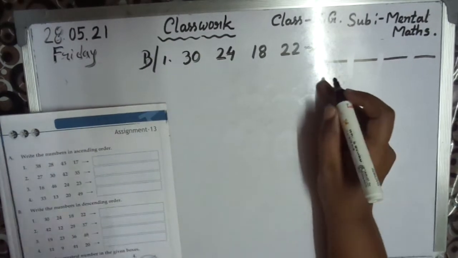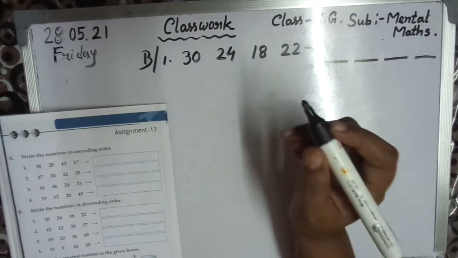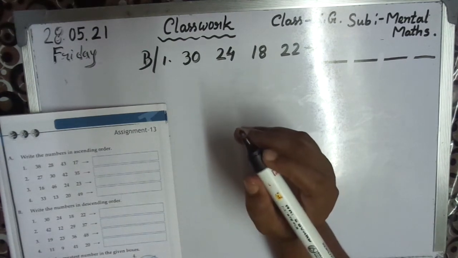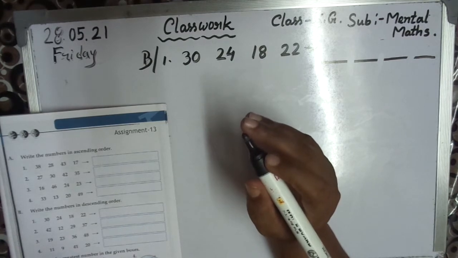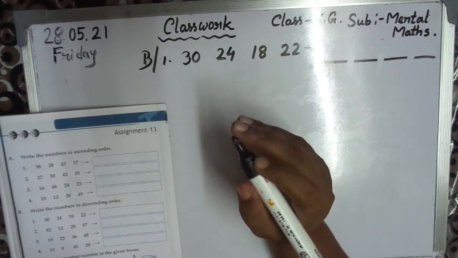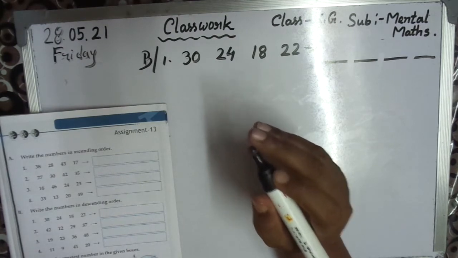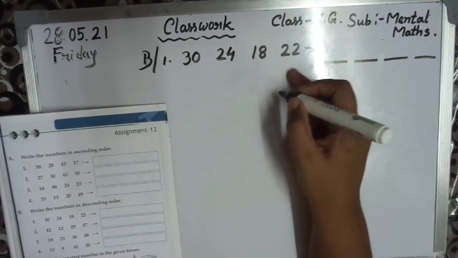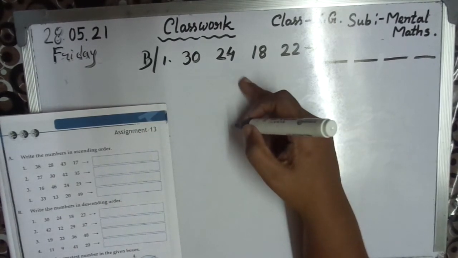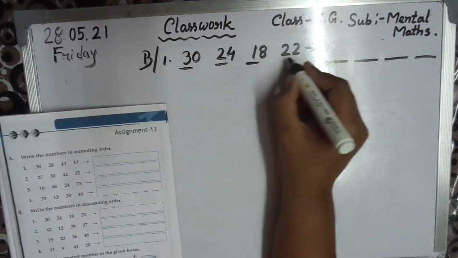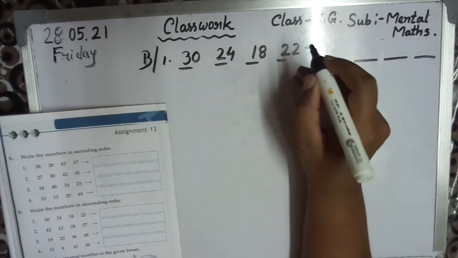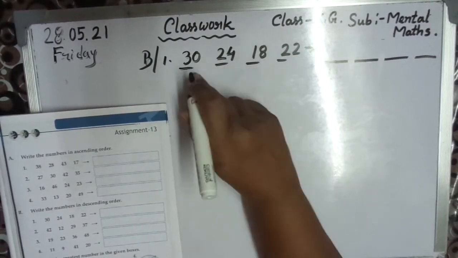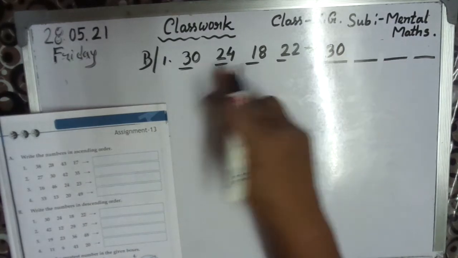So first biggest number, children, 9, 8, 7, 6, 5, 4, 3, 2, 1, 0. It's very important. Okay. So first one is see, tens, 9, 8, 7, 6, 5, it's not here, 4, 3, yes, 3, so 30, I write first 30.